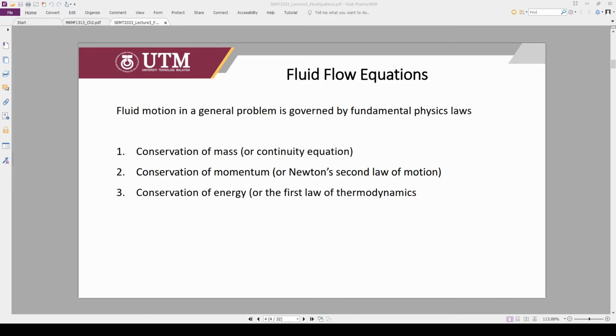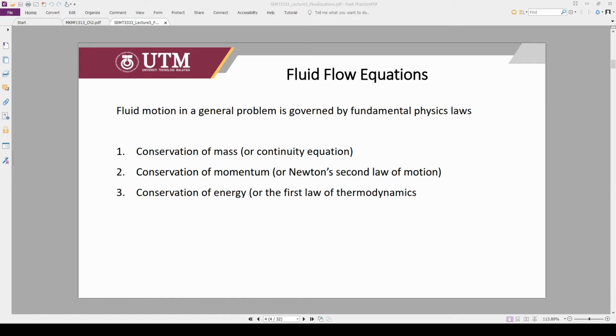Fluid motion is a general problem and is governed by fundamental physics laws. We have three equations that govern the fluids. The first one is known as the conservation of mass, or sometimes we call it the continuity equation.